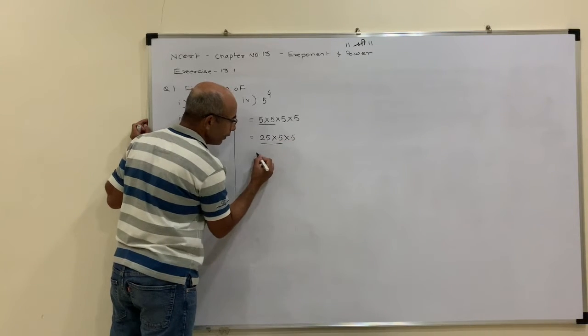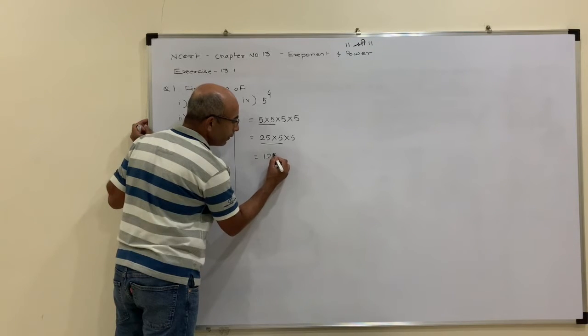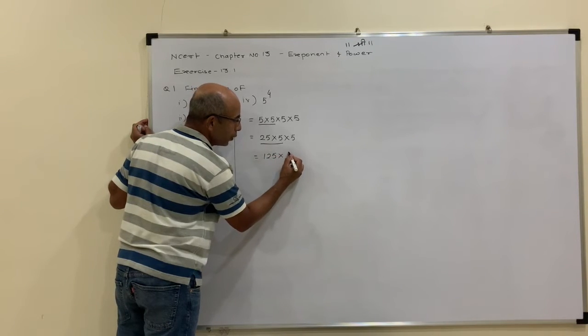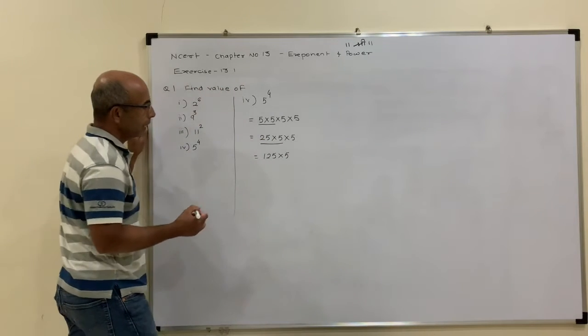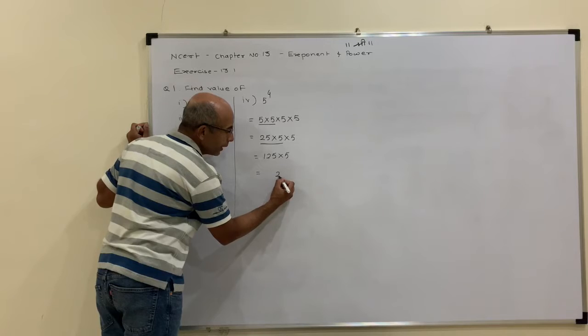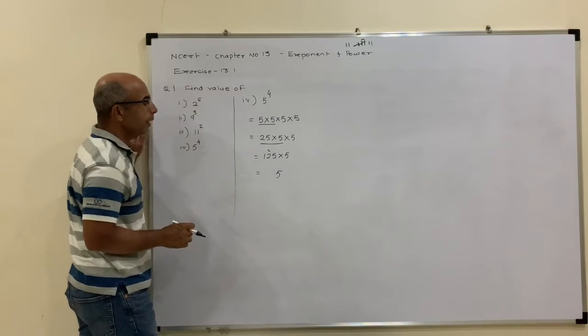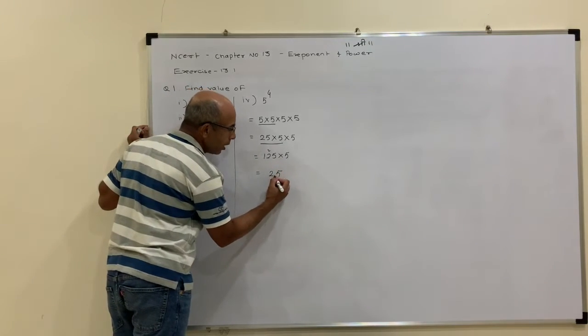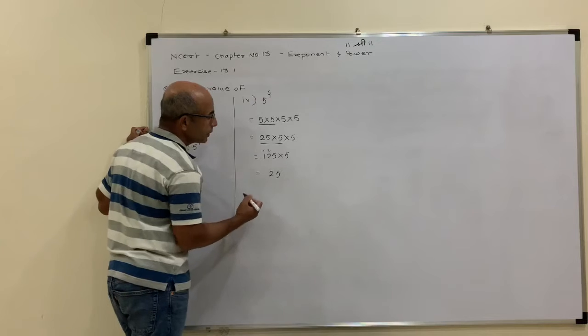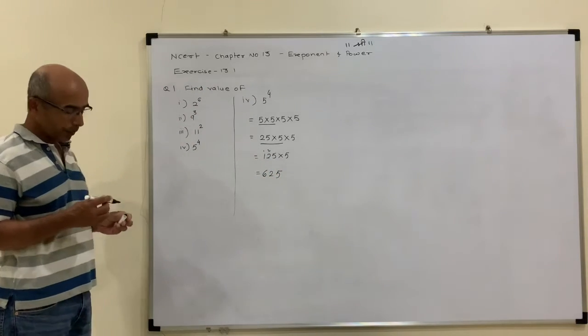Now 25 into 5, that's 5 5s are 25, 5 2s are 10 and 2 is 12, so 125 into 5. Then 5 5s are 25, you have a 2 carry forward, 5 2s are 10 and 2 is 12, then you have a 1, 5 1s are 5 and plus 1 is 6. So your answer comes out to be 625.